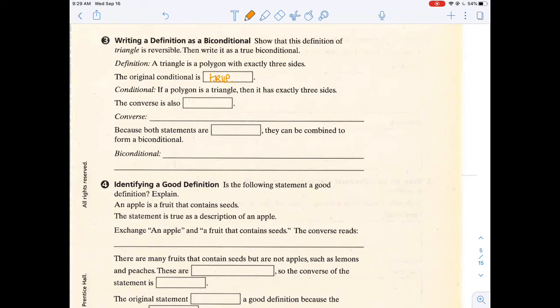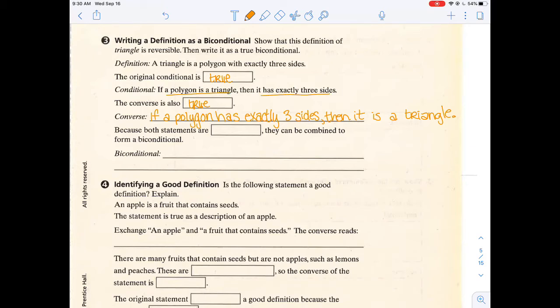The converse is also true. The converse is if a polygon has exactly 3 sides, then it is a triangle. All we did was flip these 2 pieces.